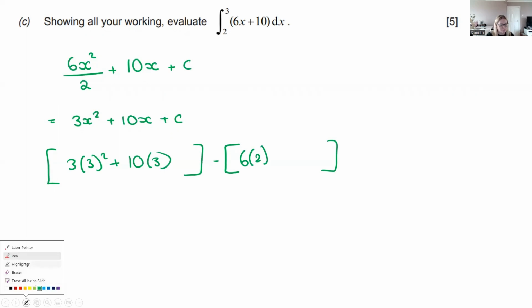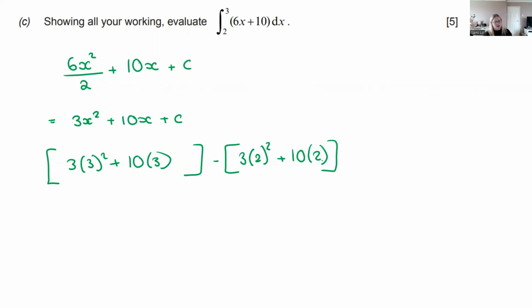Oh, you can see I'm getting tired now. We got 3 squared plus 10 to the 2. Perfect. At this point, I would work out the brackets separately. Don't just shove it all in your calculator, because one little mistake, you've messed the whole thing up. Just be confident. So when you type this into your calculator, you've got 27 plus 30, so that's 57.